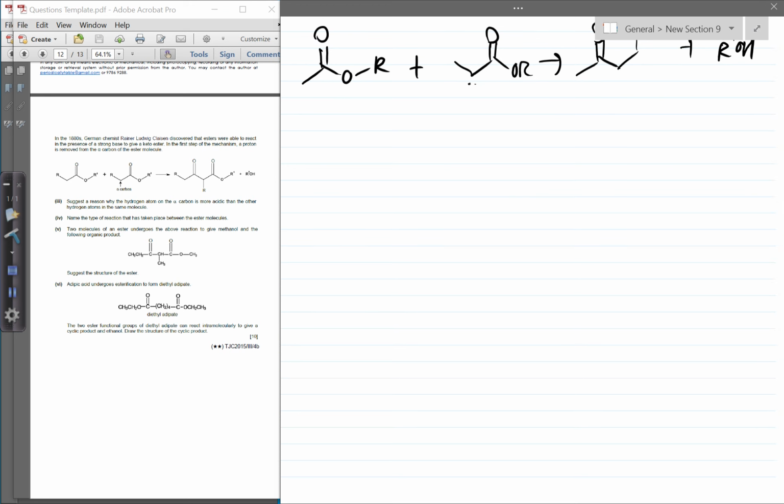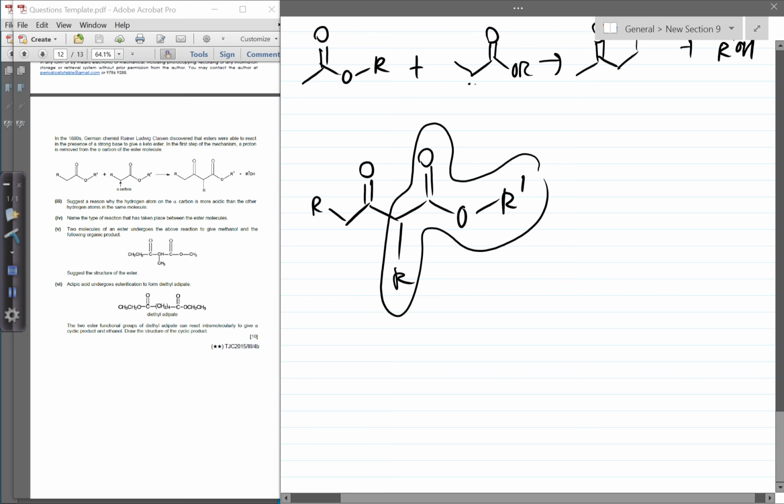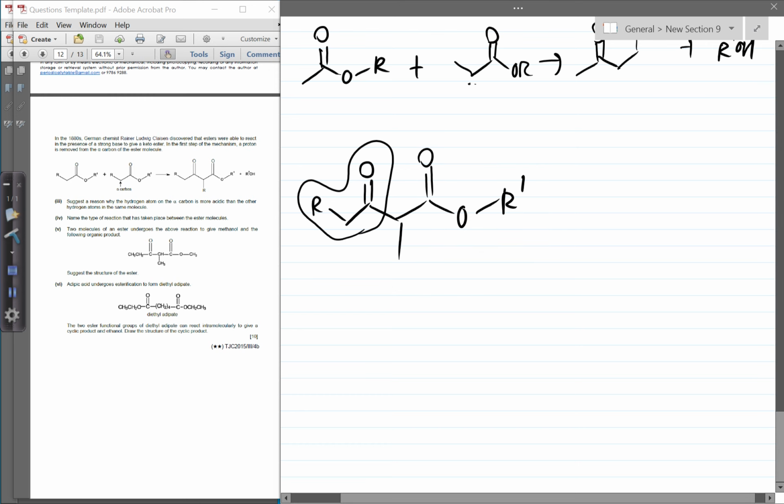So if you can't see the pattern, right? If this is your product, in order to deduce the starting material, right, you just have to draw something like an imaginary line, right? Like that. So these are your 2 starting materials, right? And for this case, you can perform the same thing, and you will see that the R here is actually the CH3, right?